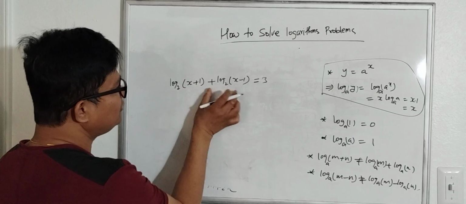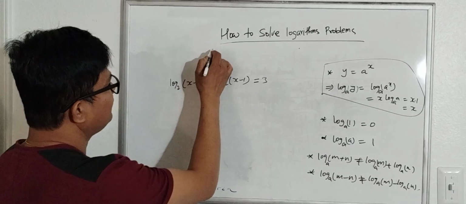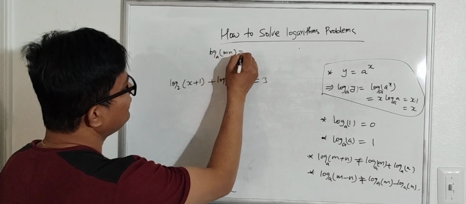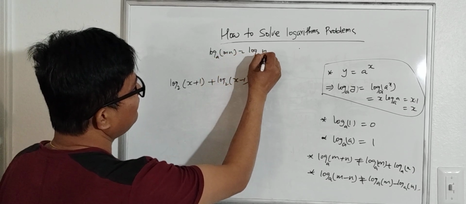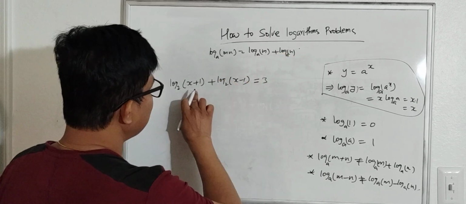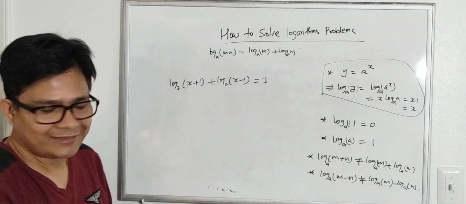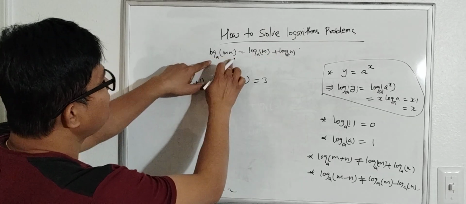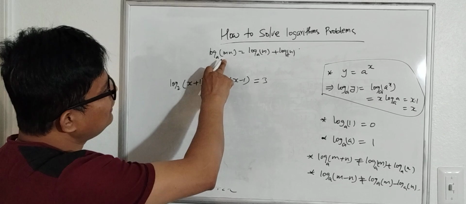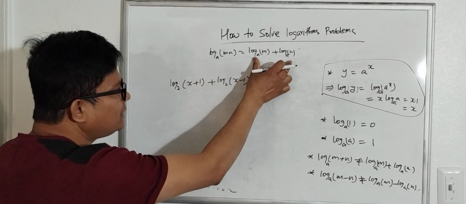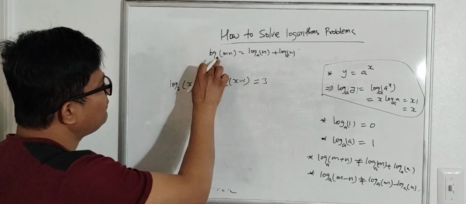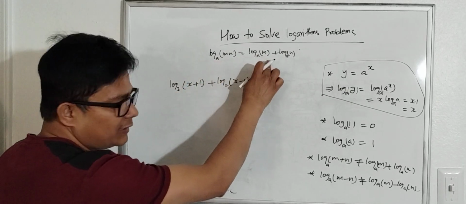This is the sum of two logs with the same base. Does something come to mind? This formula, log a m plus log a n. So here m is x plus 1, n is x minus 1. If this side is given, you can convert it into the other side, and if the other is given, you can expand it into this one.